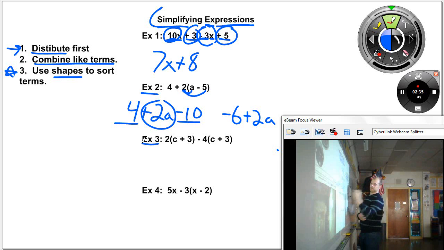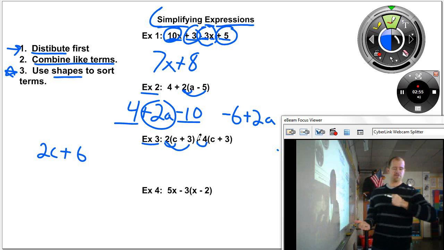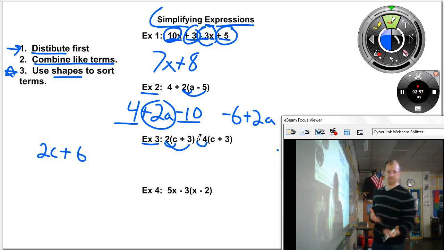Example number 3. There are 2 sets of parentheses that I have to distribute, so let's do that first and then let's see what we can combine. 2 times c plus 2 times 3, which is 6. Now, notice there's a minus sign in front of the 4. Remember when we subtracted integers, it was really plus the negative.